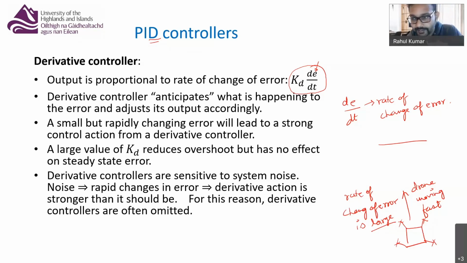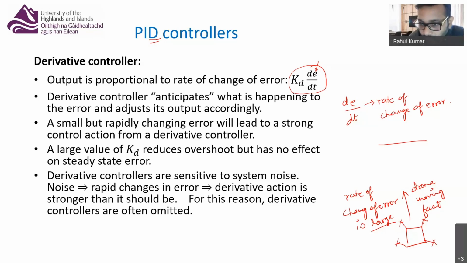So if the error is reducing at a very fast rate, or the drone is flying towards the finish point very quickly, then the derivative controller will try and adjust it. It will try to reduce it, and so it will generate a control signal accordingly. And similarly, if the drone is rising very slowly towards the finish point, it will try to produce output to increase the speed at which the drone is rising, right?